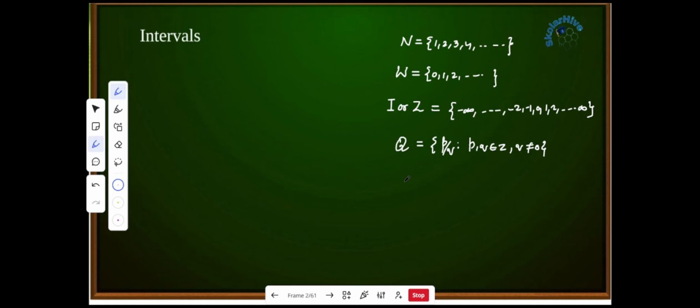And irrational numbers are all numbers of the form square root of x, where x is a non-perfect square. These are the notations of the numbers we have learned till now, and R denotes the real numbers, which is exactly the union of rational and irrational numbers.